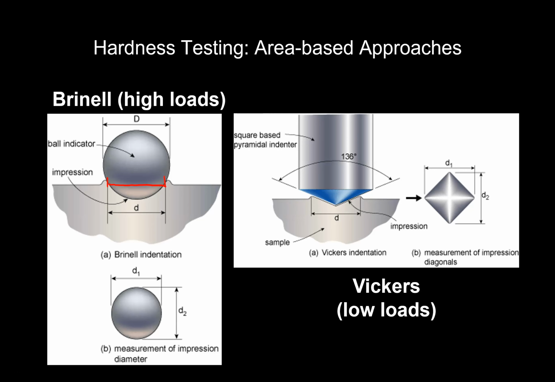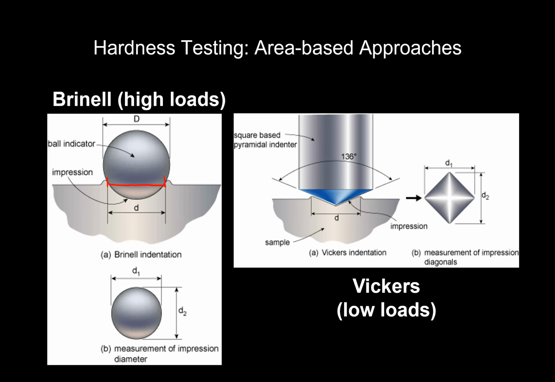So in this context, hardness represents a stress or pressure, the resistance of the material to penetration. Now, with Brinell, the only problem is that a relatively dull spherical tip like this requires you to apply very high loads. So a more practical test is Vickers, which has a very sharp pyramidal tip.